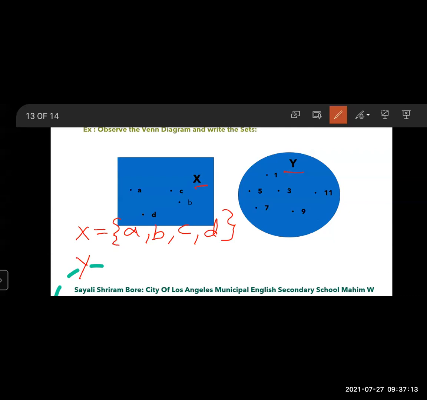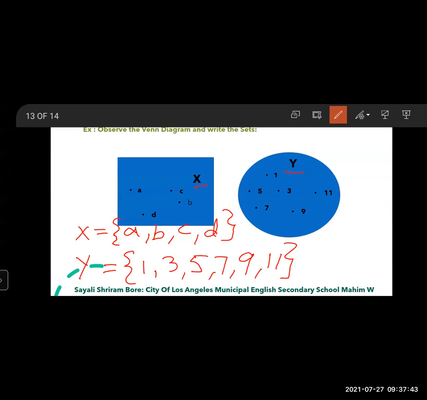So for drawing the Venn diagram, you can use any closed figure. What are the elements in set X? A, B, C, D. And in set Y, which are the elements? 1, 3, 5, 7, 9, 11. So quickly we have noted down the elements from the two sets.